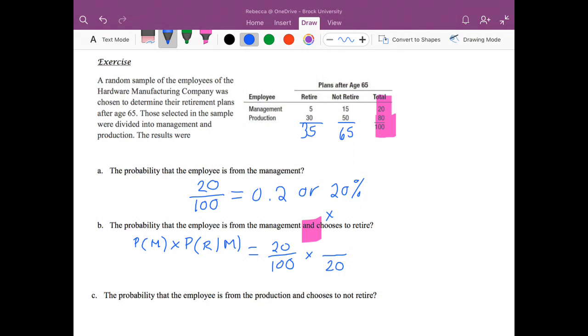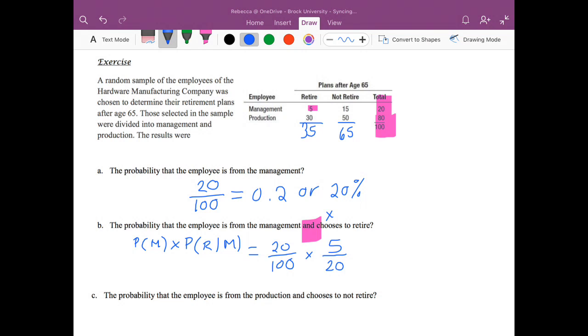And if you notice, we have a 5 here. 5 people out of the 20 management chose to retire. So I know that this top one is going to be 5 out of 20.